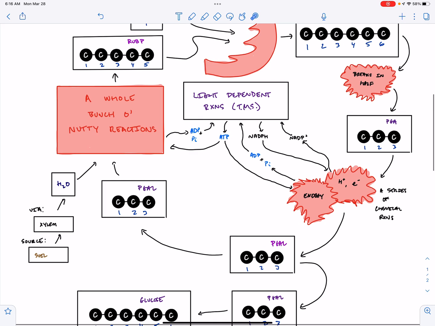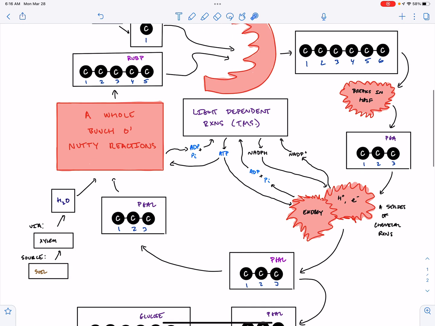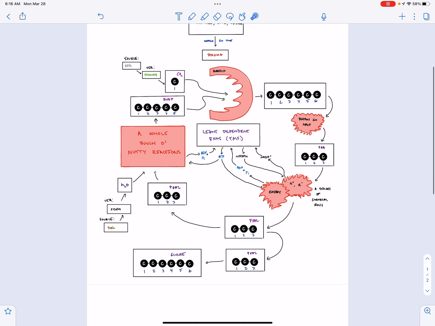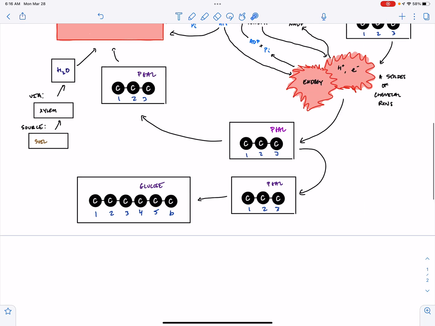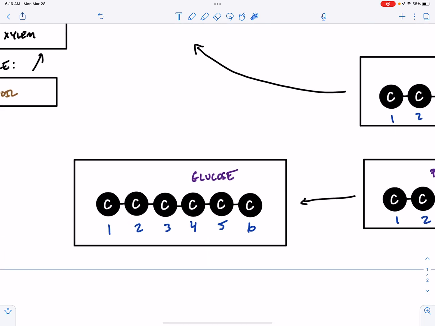We can reconfigure this PGAL into RuBP. But if you're looking at this image, you'll probably notice that I've left an area blank here. This is for a reason, because we're going to count up all the carbons now. So we'll start with glucose. Glucose has 6 carbons.